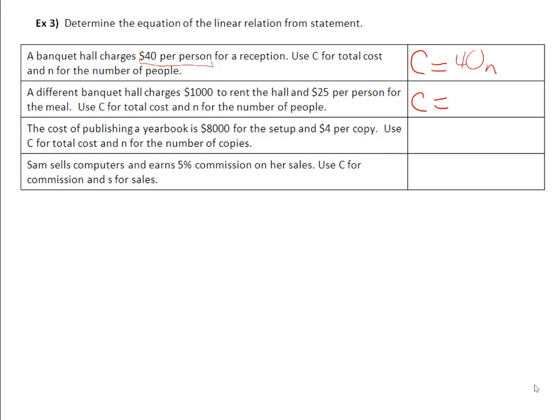The cost depends on the number of people that show up. How much per person? $25 per person, so we're going to put 25 in here times N. However, we've got one difference. How much do we get charged at the beginning? Before anyone shows up, we still get charged $1,000. So that's where that $1,000 comes from.